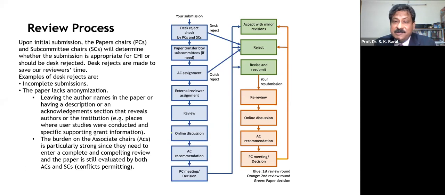desk rejection possibility is when our plagiarism percentage is more than 10% or 15%, which has been specified by different journals in different ways. So we have to meet that. If it is beyond that, desk rejection is a common phenomenon. So we may expect our paper may be rejected when we submit, and immediately we'll get notice that our paper has been rejected.